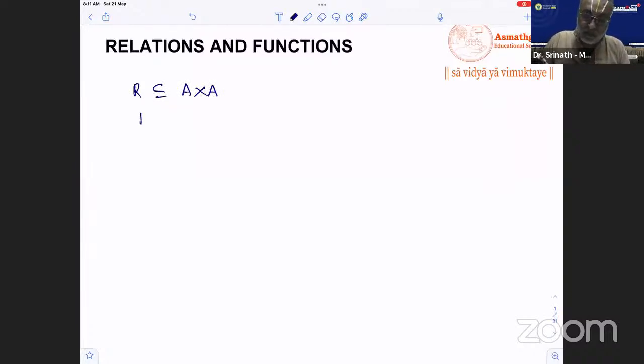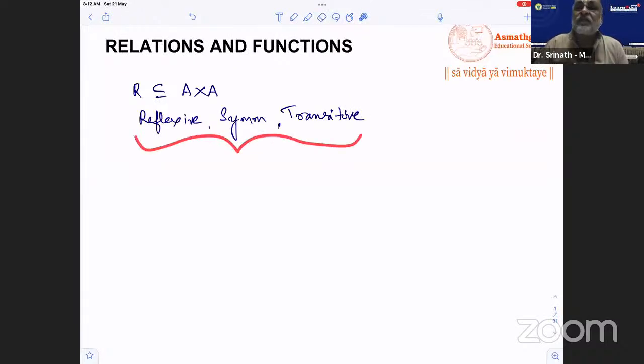And here we talk about reflexive relation, then symmetric relation, then transitive relation. When all the three happen, then we call such a relation an equivalence relation.